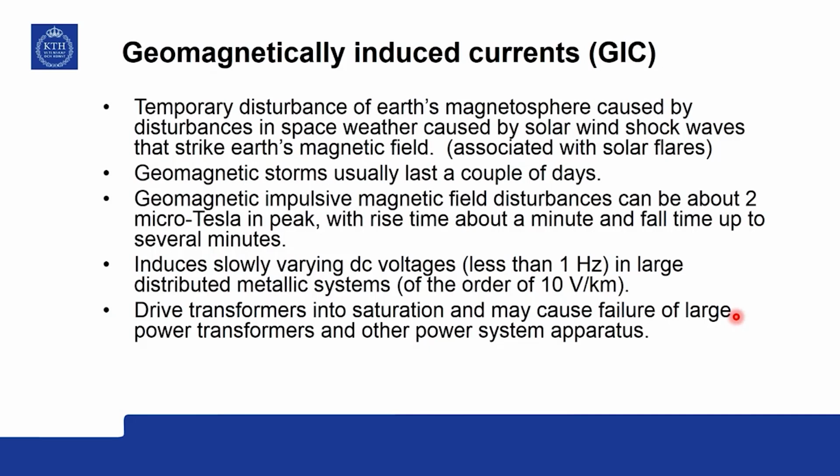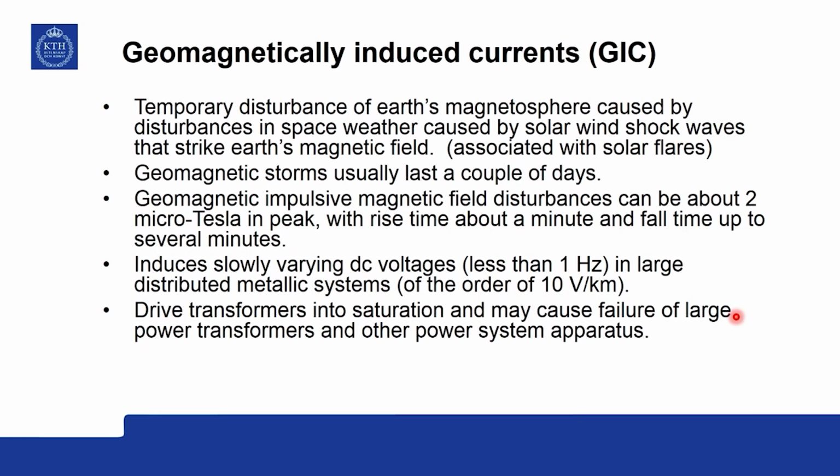So, we also have geomagnetically induced currents. Now, you have solar flares, which are part of the solar weather system. When solar flares come, charged particles are ejected into Earth's magnetosphere, and this causes disturbance in the Earth's magnetic field, and it can last several days.